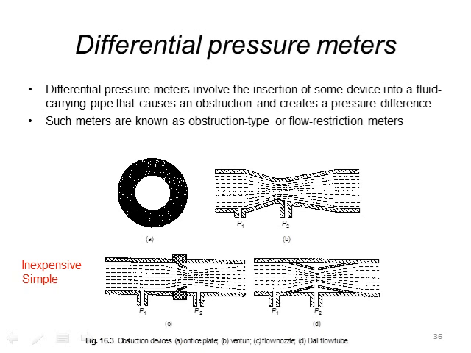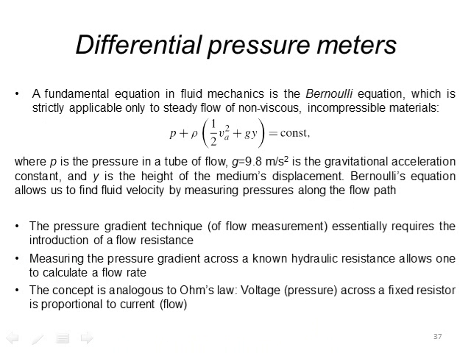The only problem is that you do have to insert some constriction in the flow, which is not always the easiest thing to do, but if you're doing this beforehand, it can be quite an effective way to measure the flow velocity, because essentially you're just measuring Ohm's law due to this delta P.